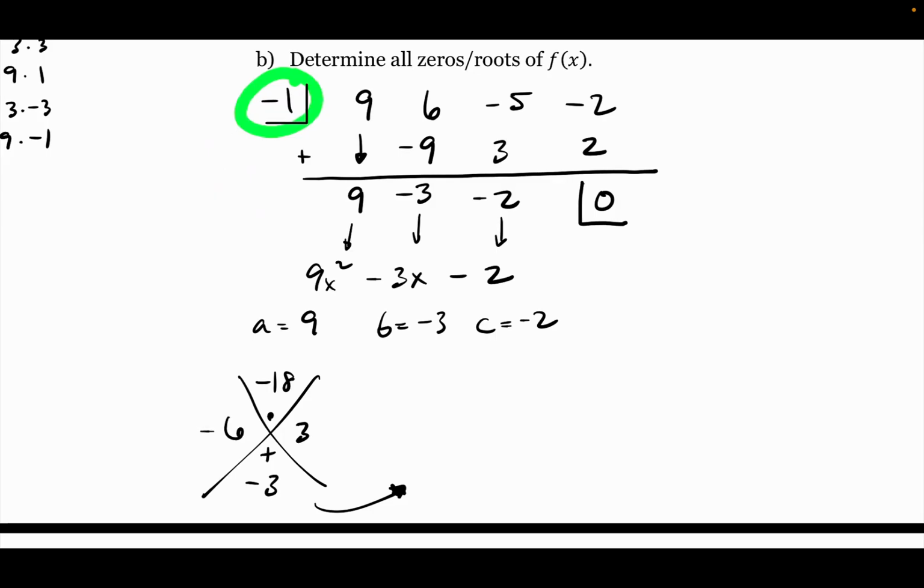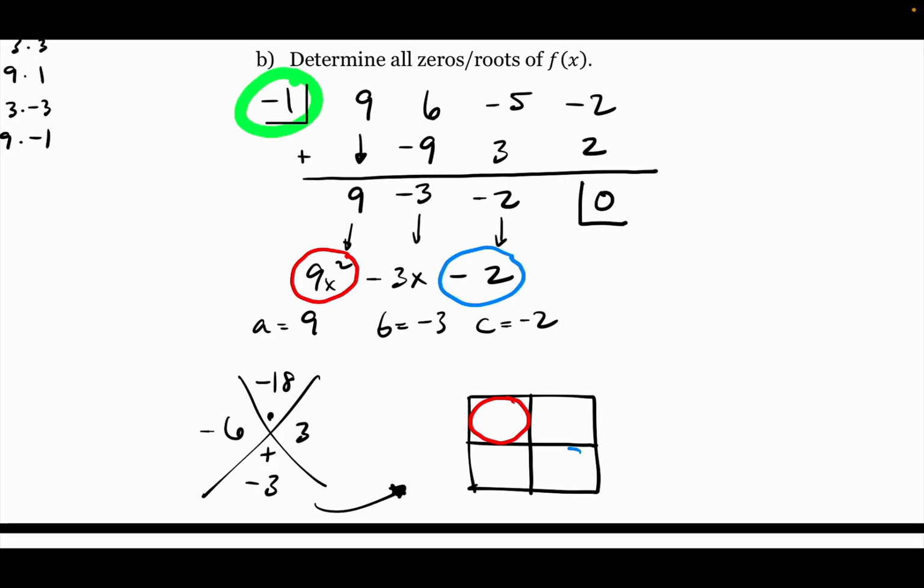Because when we add them, they got to be -3. Good. First term goes in the first box, the first little section. The last term goes in the last little section, just like always. I'm not changing. This is the same as what you guys have been doing all year long. One is a -6x, one is a +3x.